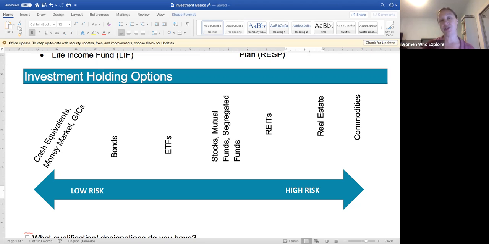Now, some of the cons of a segregated fund is that the management fees are a little bit higher than in a mutual fund. You're basically buying insurance on your investment, so the cost to you is a little more. The question really is, are these guarantees important to me? Does it come with estate planning benefits, such as being able to name a beneficiary? Then it may be worth it.